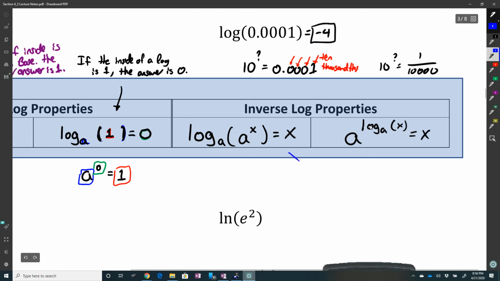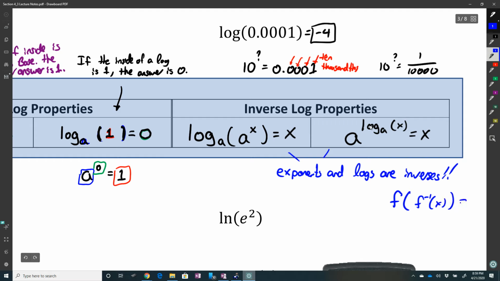So all these mean are exponents and logs cancel each other out. They're inverses. Remember, inverses, f of f inverse of x was equal to x. They killed each other. So a log of an exponential or an exponential of a log cancel each other out.